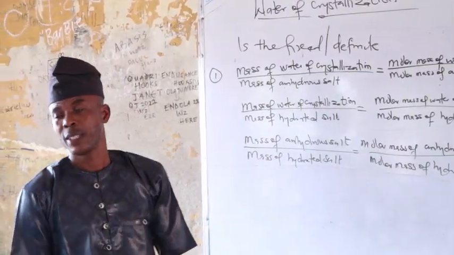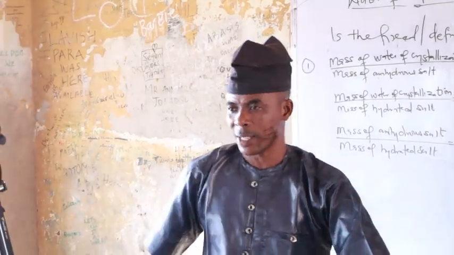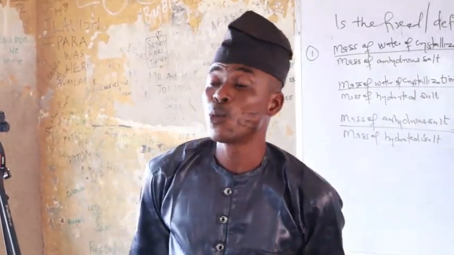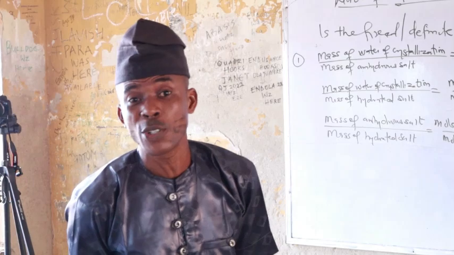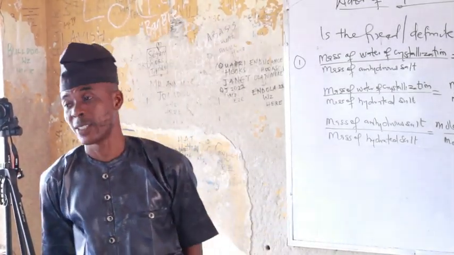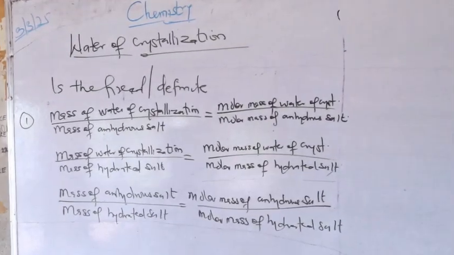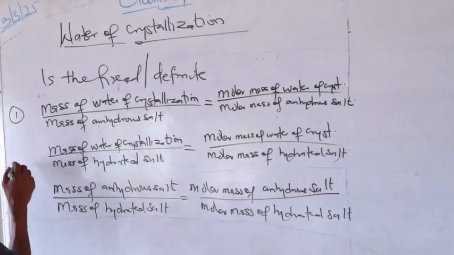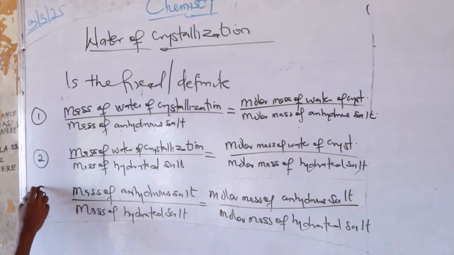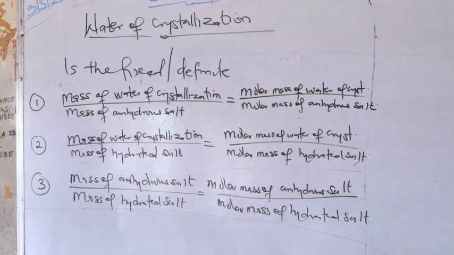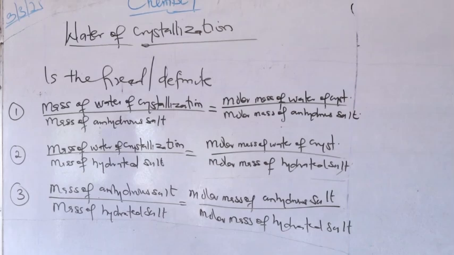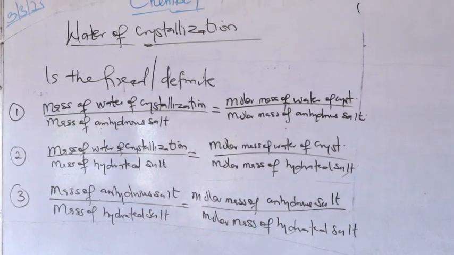Now, read the question and digest it, and tell me which of the formulae written on the board is appropriate for that calculation. Let me know by 1, 2, 3.